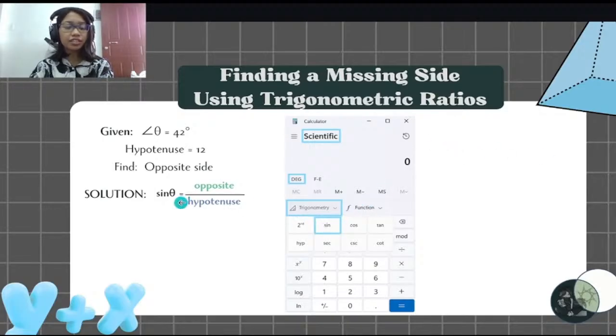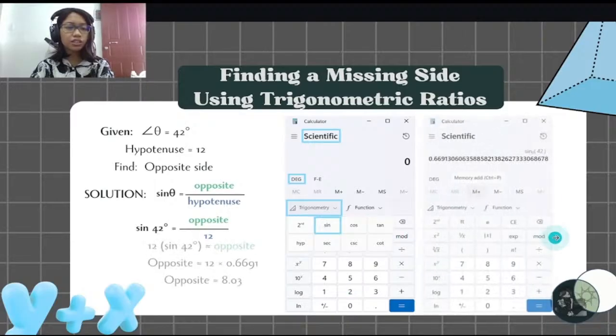Sine theta equals opposite over hypotenuse. Substitute: sine theta is sine 42 degrees, and hypotenuse is 12. Multiply both sides of the equation by 12 to remove the fraction.